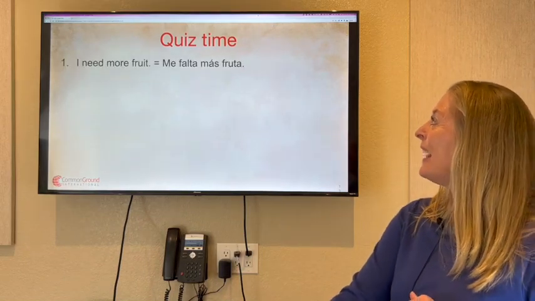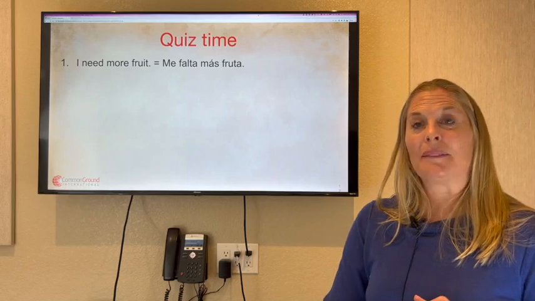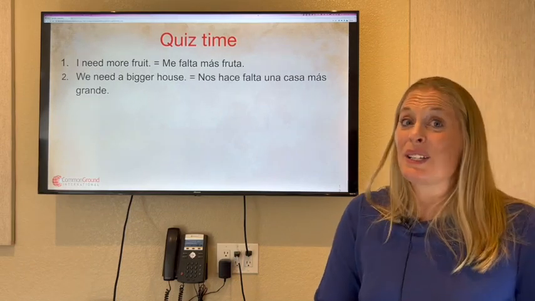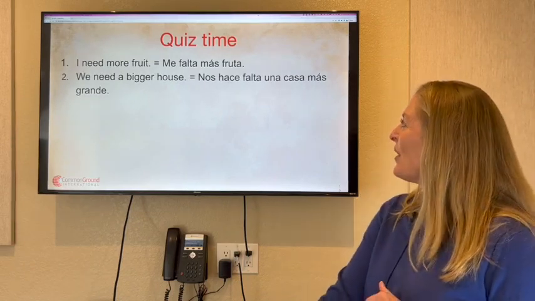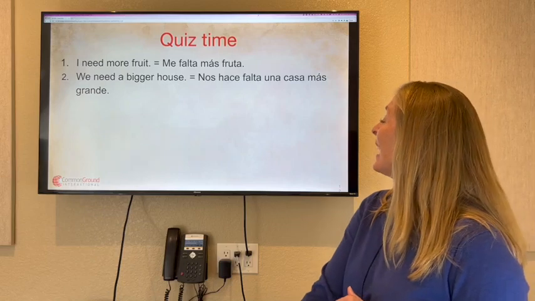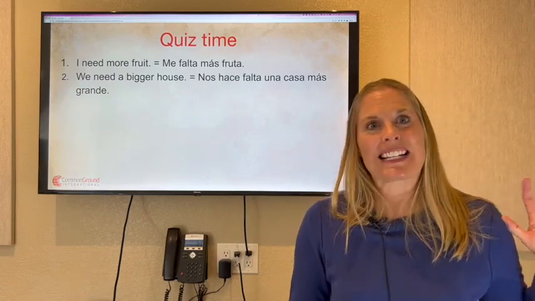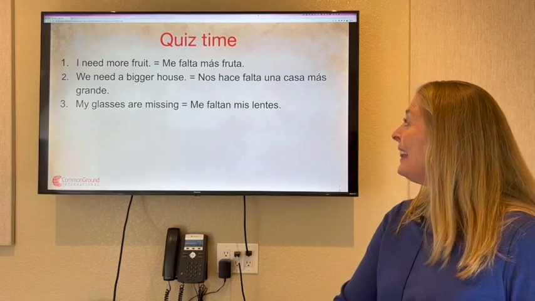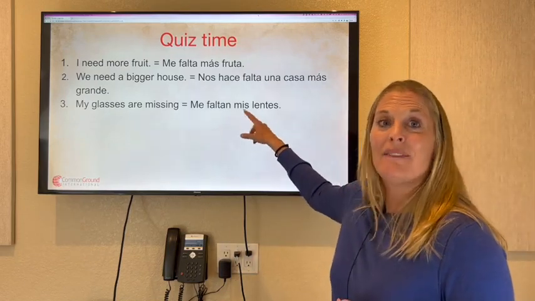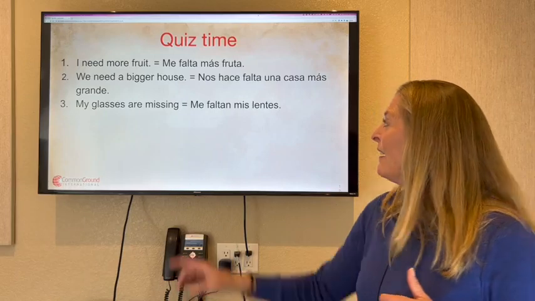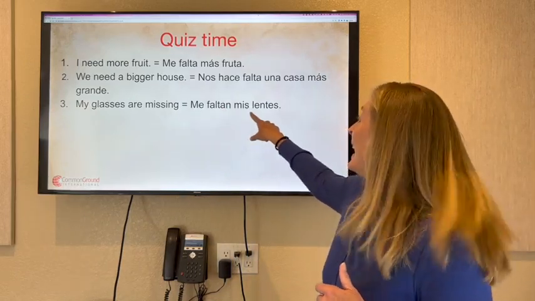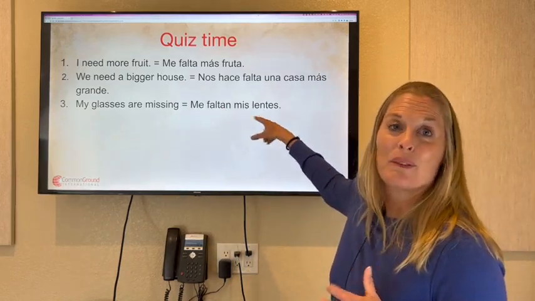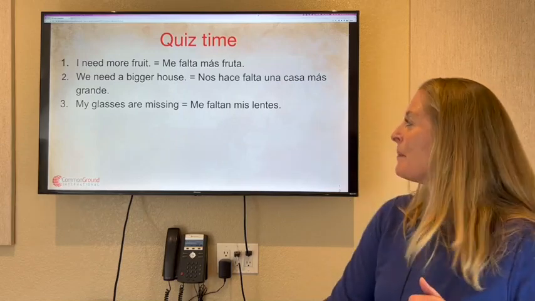Número 1, me falta más fruta. I need more fruit, or necesito más fruta. Número 2, nos hace falta una casa más grande. We need a bigger house. Número 3, me faltan mis lentes. Me faltan mis lentes. Faltan plural porque lentes are plural. It works like that gustar verb again.